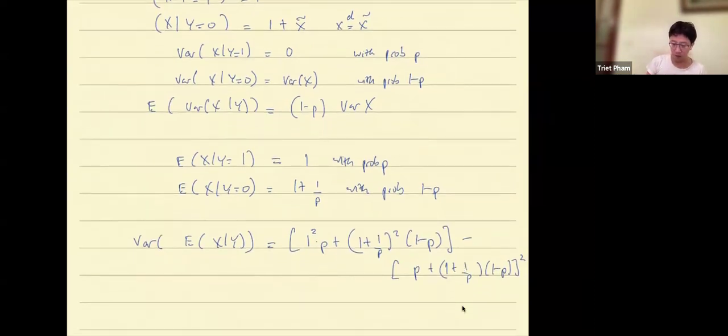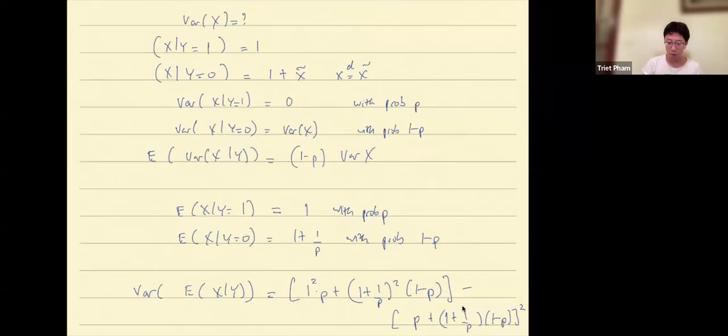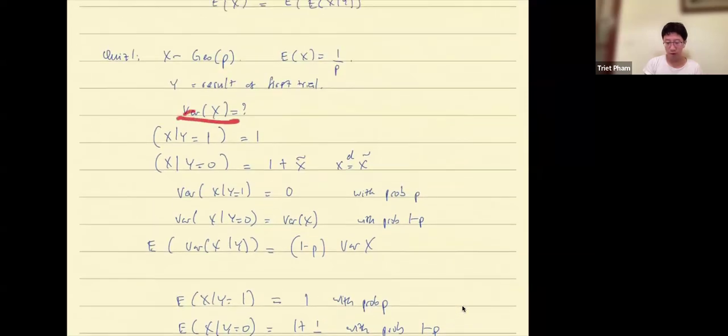So, if you put everything together, it's probably best if we clean this up because we want to write down what the final answer is. And the final answer for the geometric is a nice one. What is it supposed to be?